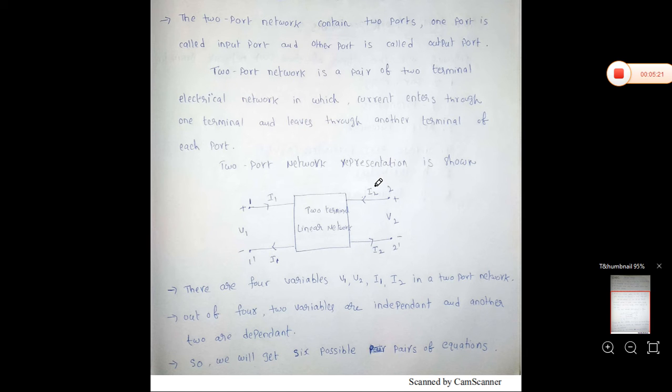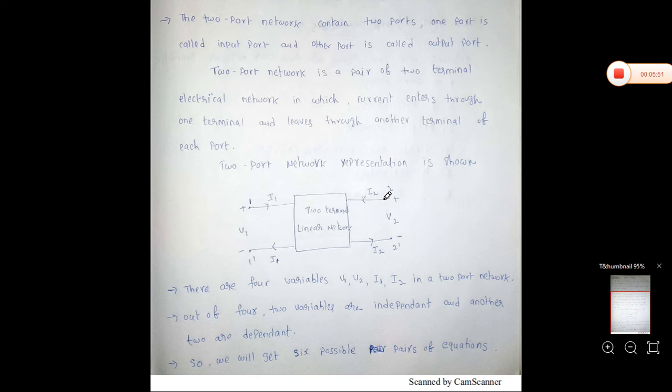Here I am going to tell a very important point. The direction of current I1 is always towards the network. Already we know that, but I2 is also very important.